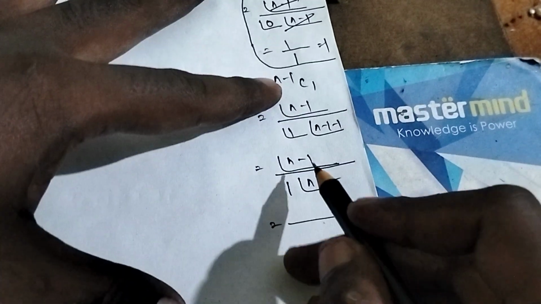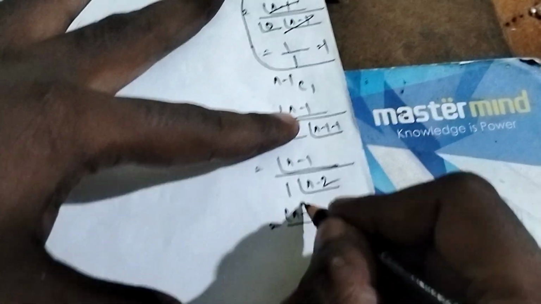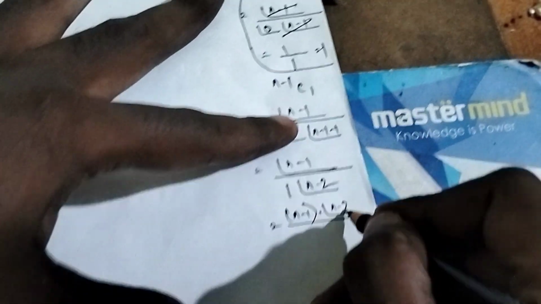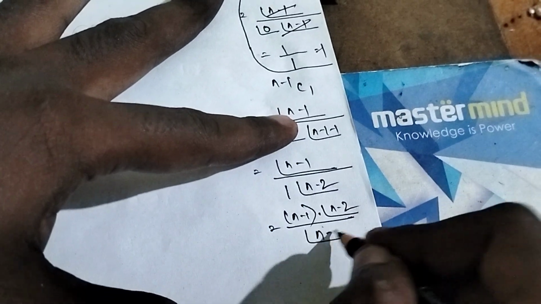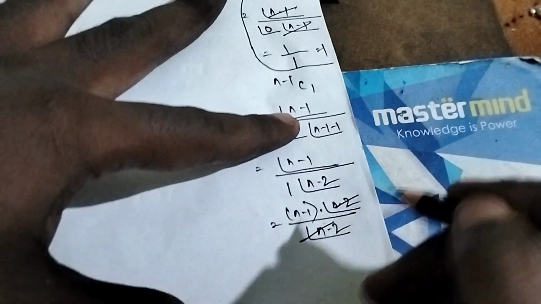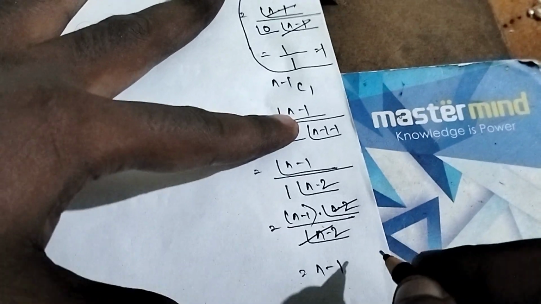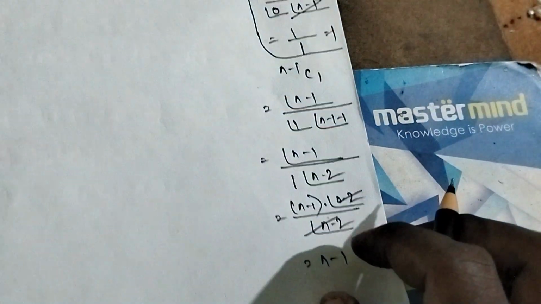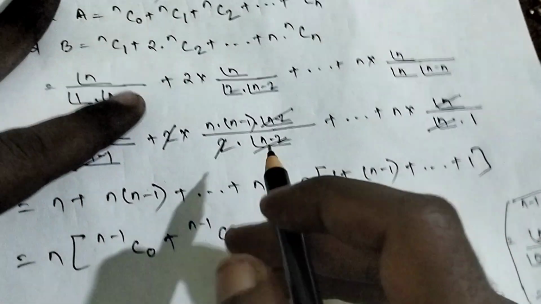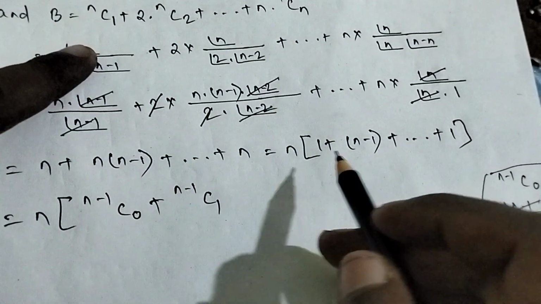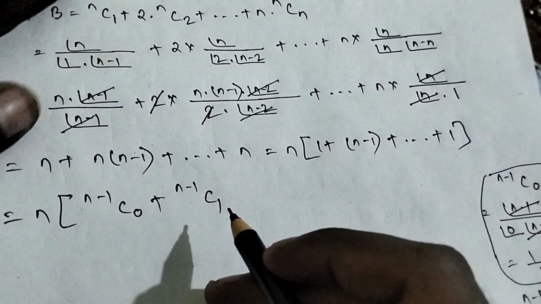In the numerator it will be n minus 1 into n minus 2 factorial, and in the denominator we have n minus 2 factorial. These two will cancel each other, so it will come as n minus 1 only. So in place of n minus 1 I can write n minus 1 C1.